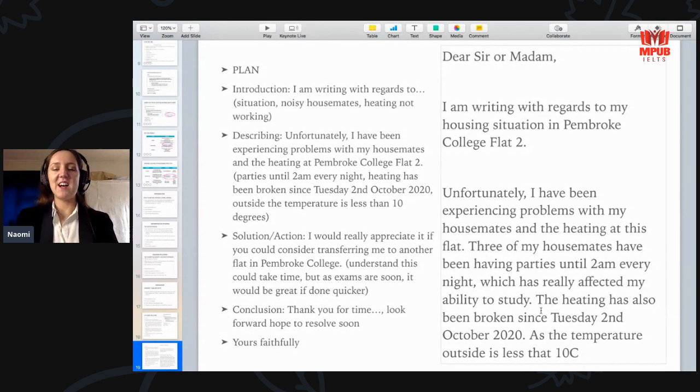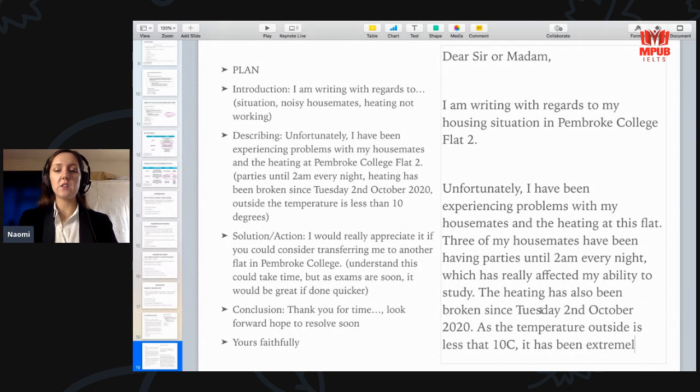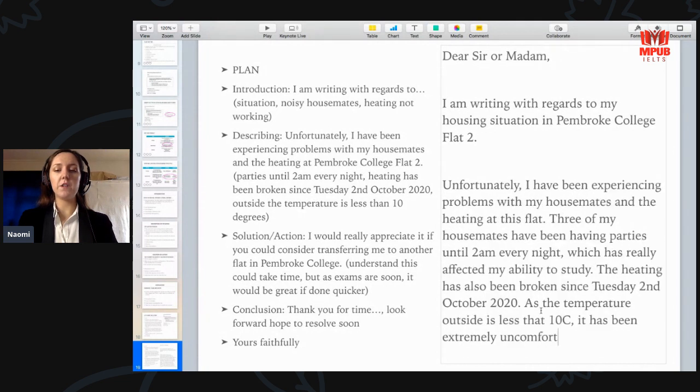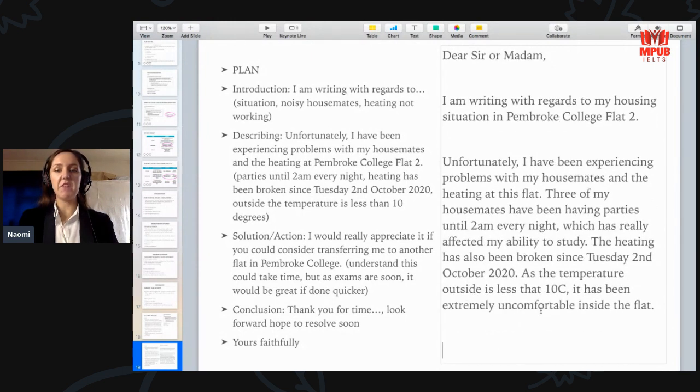As the temperature outside is less than 10 degrees, it has been extremely uncomfortable inside the flat. Good. That's kind of enough.